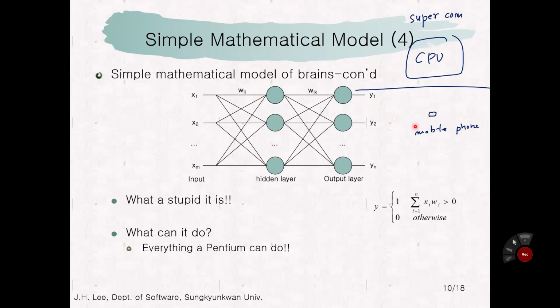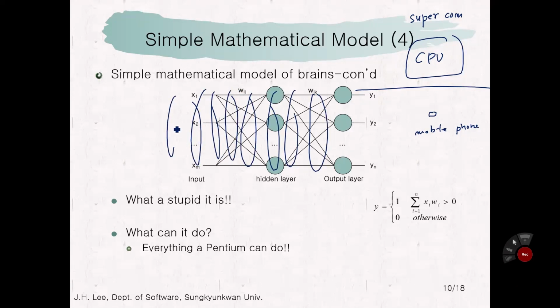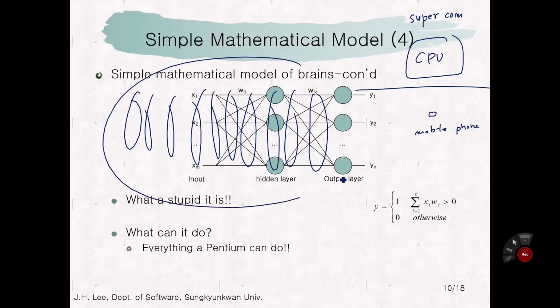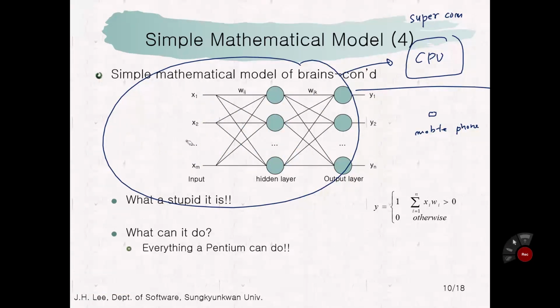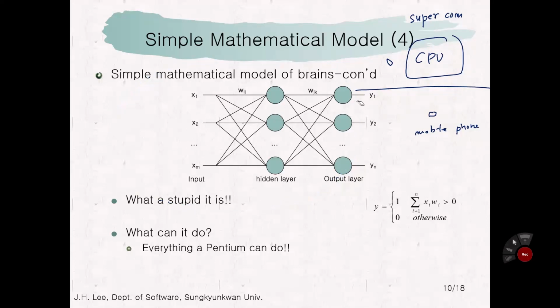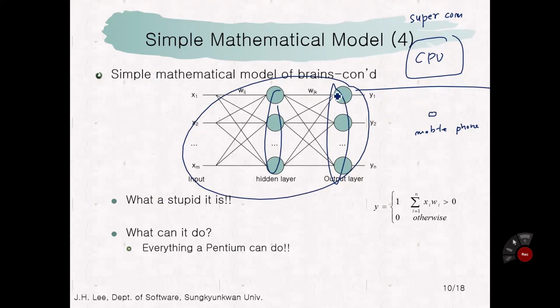If you put down a lot of layers here, this is something like a CPU for a supercomputer. If you put down just a small number of layers, like this, only 2 layers, this is something like a CPU for mobile phones.